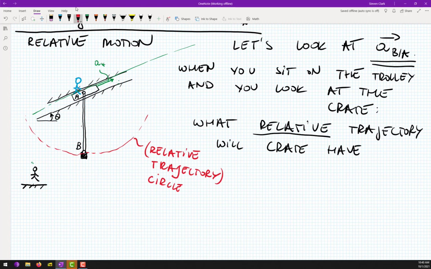Okay, so what I want to do next: let's introduce our UT and UN coordinate system, which we learned last week on Friday. So I would like to introduce here UN relative and UT relative.